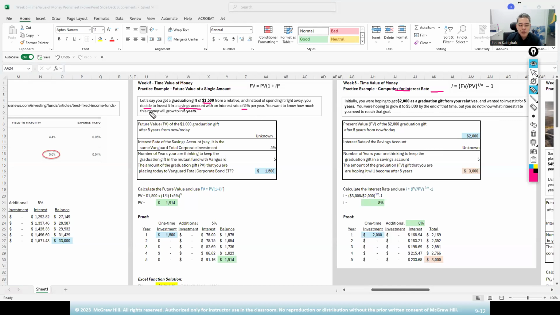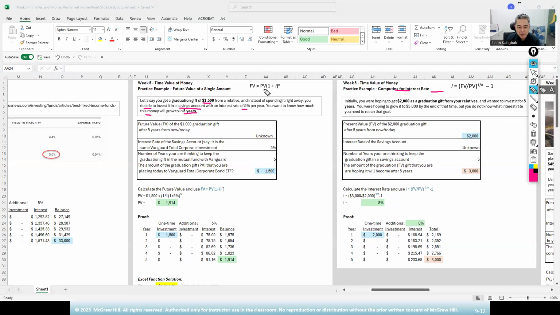You want to know how much the money will grow in 5 years. So it would earn interest. You would neither take out the principal amount nor take the interest. You're basically saying, hey, graduation gift 1,500, let it grow, and then I want to see it after 5 years. So how does it look?